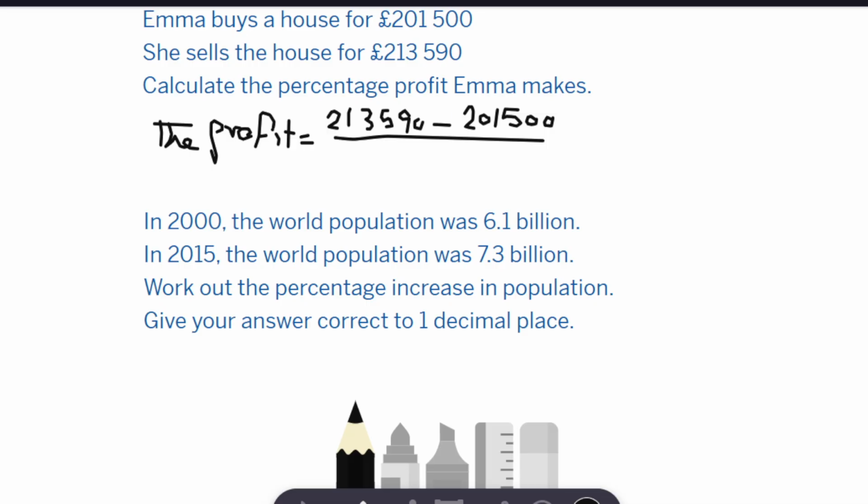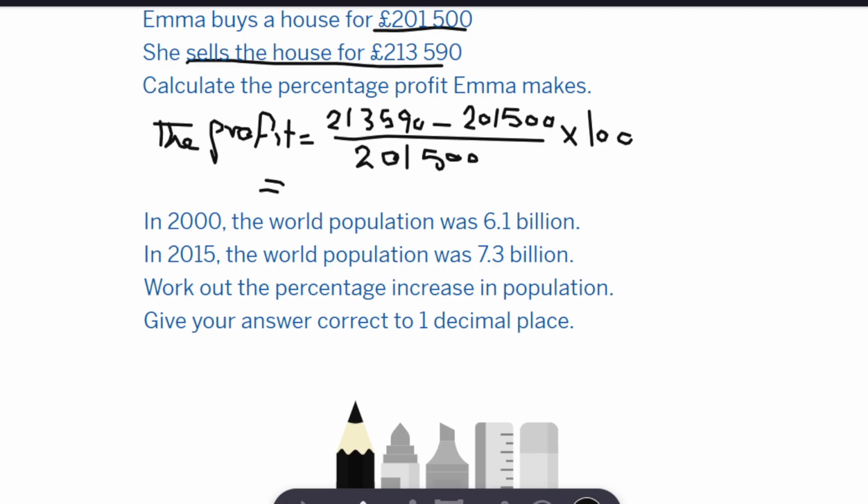The original amount is not how much she sold it for, no, it's how much she bought it for, because that's older. So 201,500, and then times this by 100. That's it. Just plug this in your calculator and you got the answer.